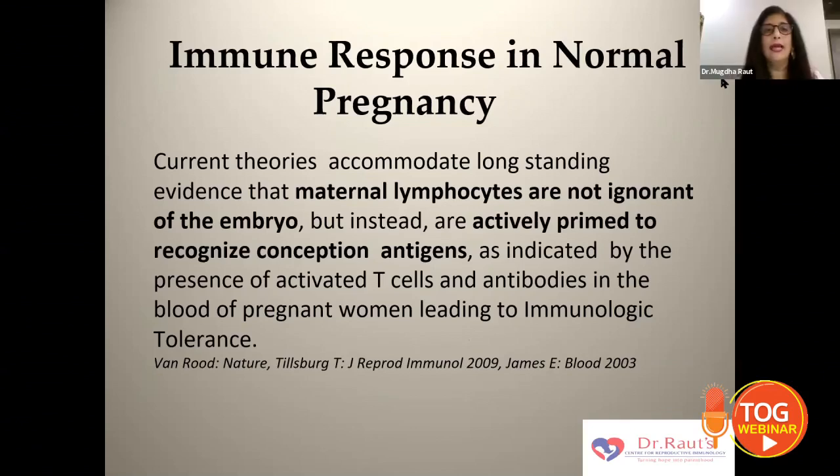We all know that in a normal pregnancy, the maternal lymphocytes are not ignorant of the embryo, but instead they are actively primed to recognize the conception antigens, as indicated by the presence of activated T cells and antibodies in the blood of pregnant women, leading to immunologic tolerance.